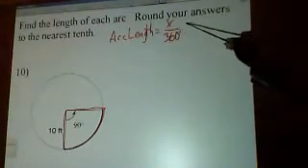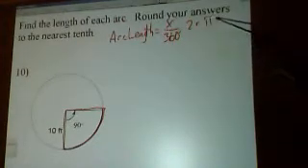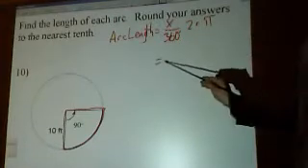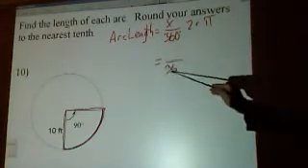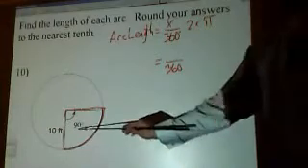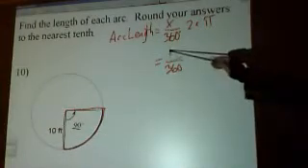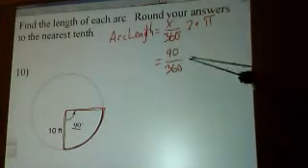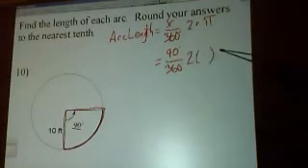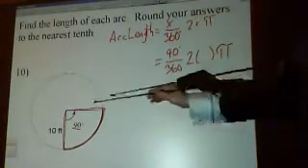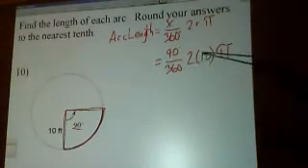It's a good idea to write this formula every time when we do these problems. That way you won't forget it. On top of 360, this time I'm going to put the measure of our central angle, and that's 90. So go ahead and put 90 right there. And then for the radius, I'm going to put 10.